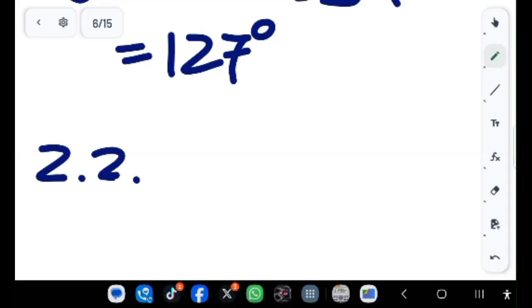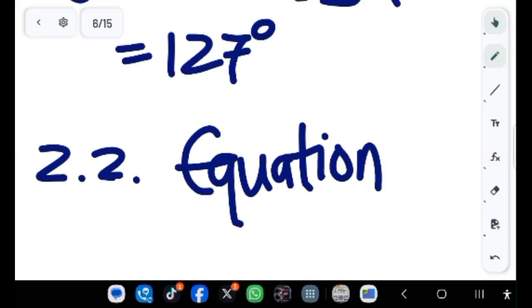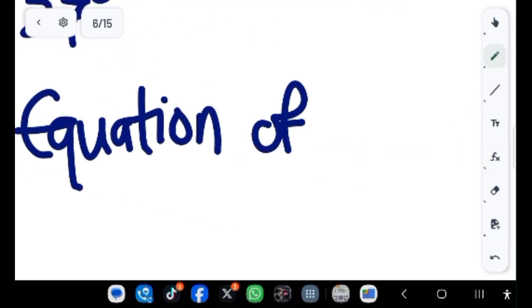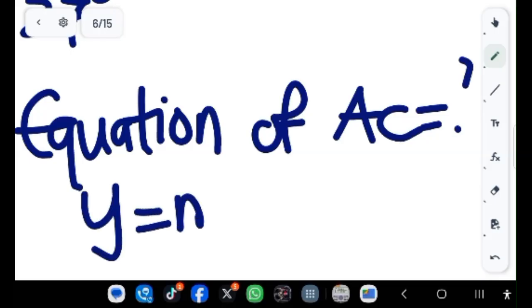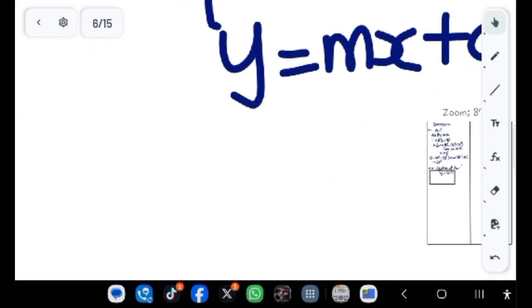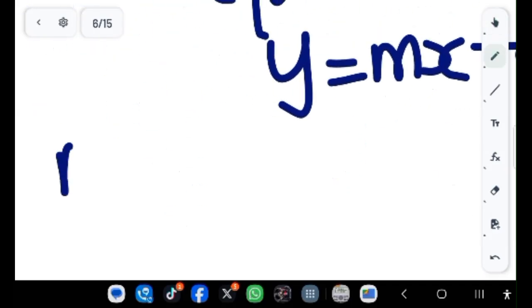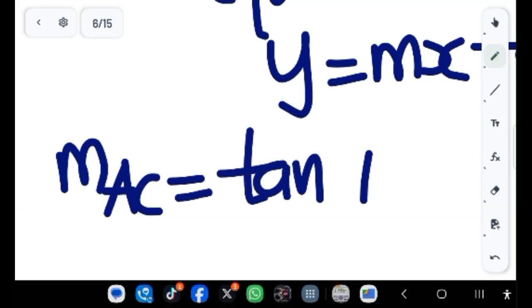Equation of AC. That will be in the form y equals mx plus c. First, let's find the gradient. The gradient of AC can be found by using the tangent of 127 degrees.